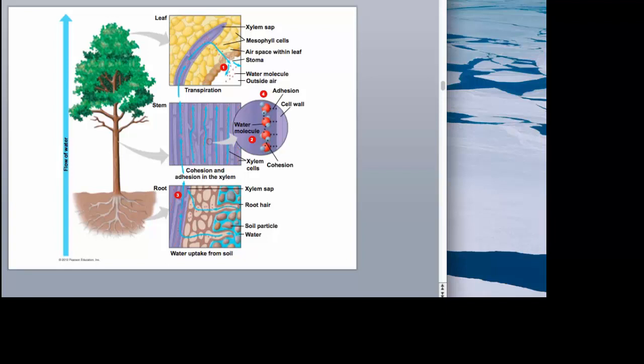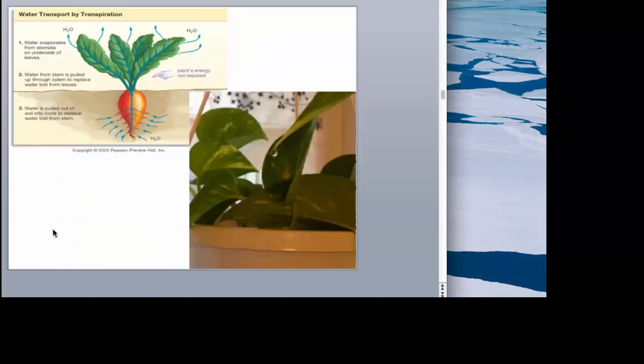So students always ask me if water really does collect in the stomata. Does the plant really do this? If you look at the underside of a very happy plant, in this case a plant hanging in my kitchen window, we can see the water droplet on the end of this leaf. This has collected as the water has evaporated from the underside of the leaf and condensed at the tip of the leaf.